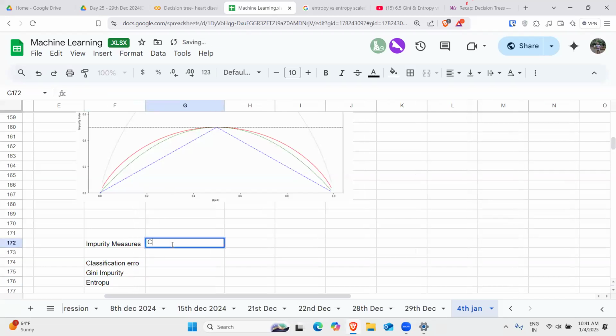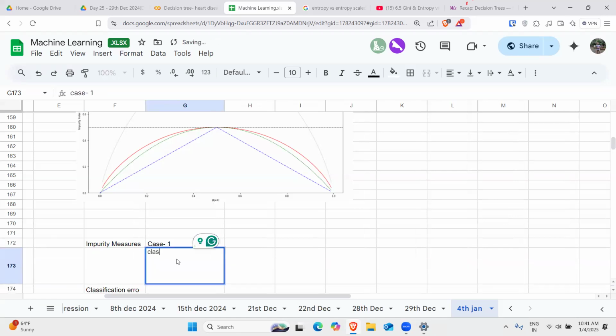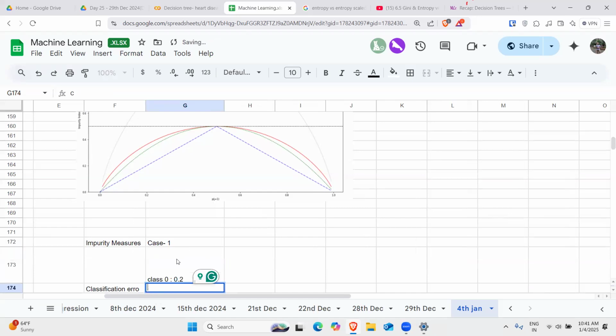Then you have case number 1, that is class 0 is 0.2, class 1 is 0.8.